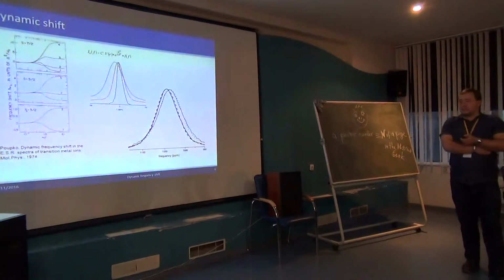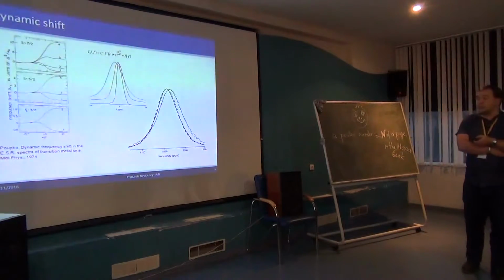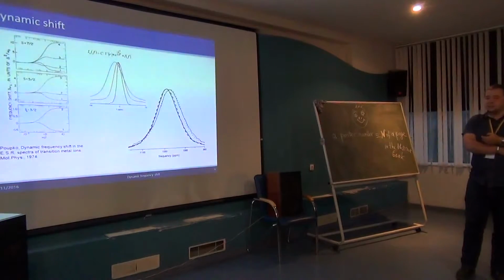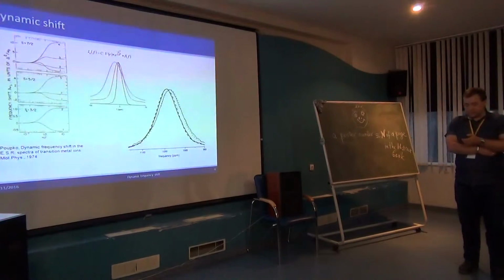And using exact expressions for the width of these 2 lines, and exact solutions for the positions of the 2 lines, we could calculate the exact line shape of the sodium signal for different magnetic fields.